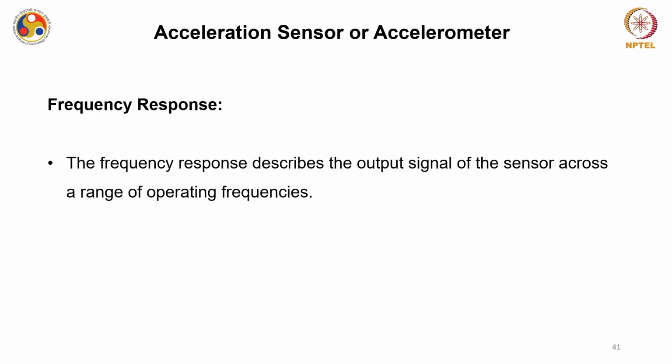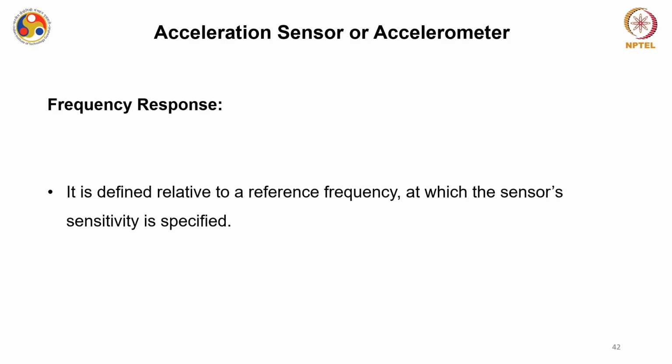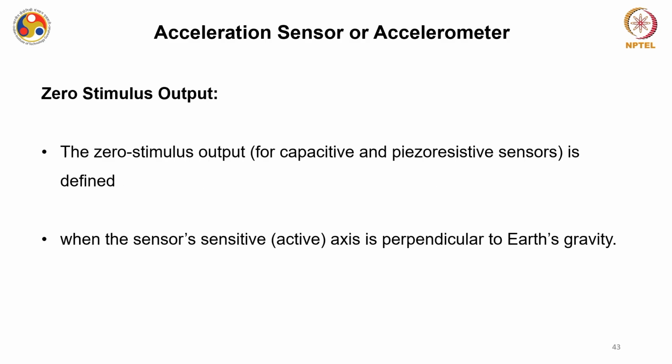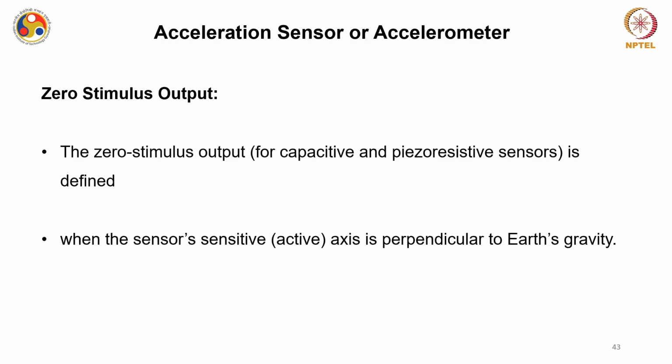Then frequency response, which we have just seen. The frequency response describes the output signal of the sensor, the accelerometer, across a range of operating frequencies. Then there is another term which is very crucial for accelerometers, which is zero stimulus output. The zero stimulus output, particularly for devices like capacitive or piezoresistive sensors, is defined when the sensor's sensitive axis, the active axis, is perpendicular to the Earth's gravity.